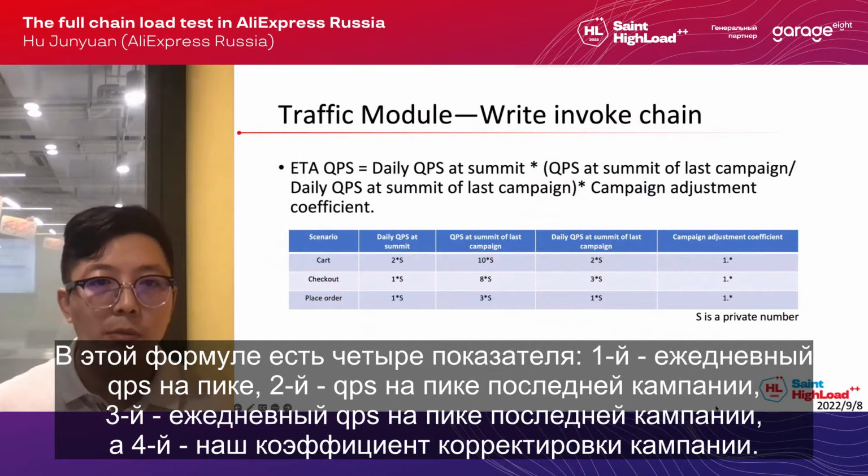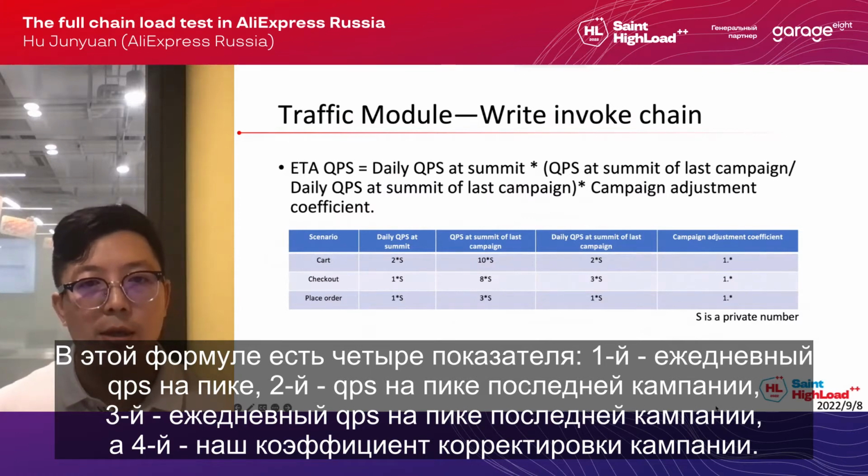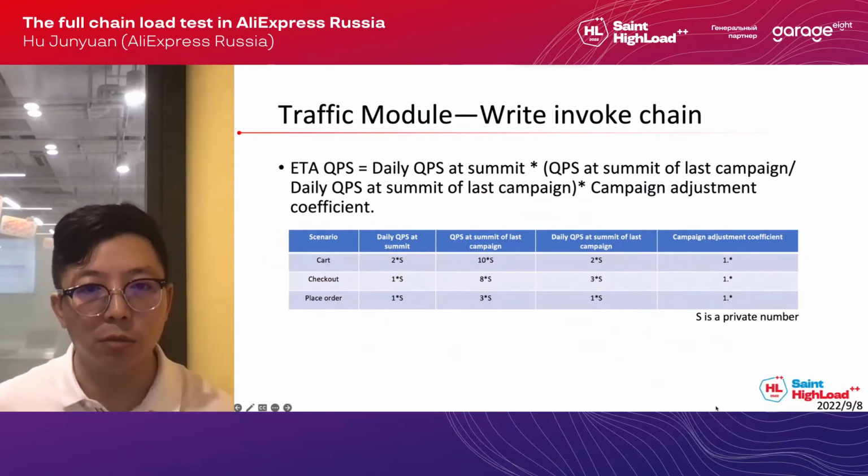In this formula, there are 4 indicators. First is daily QPS at summit. Second is QPS at summit of the last campaign. Third is daily QPS at summit of the last campaign. And the fourth is our campaign adjustment coefficient.